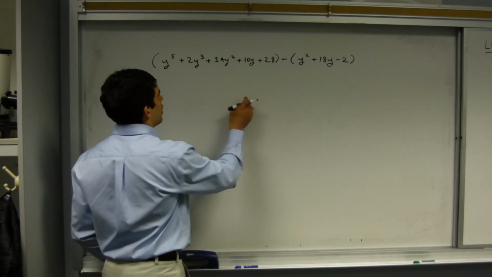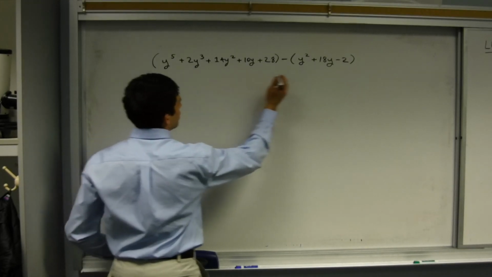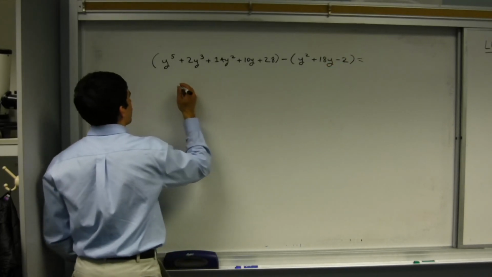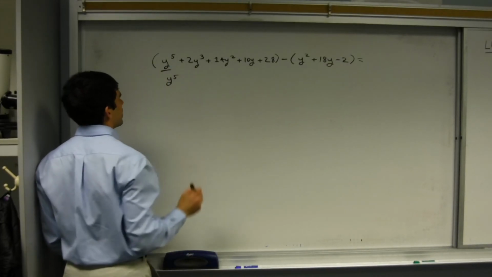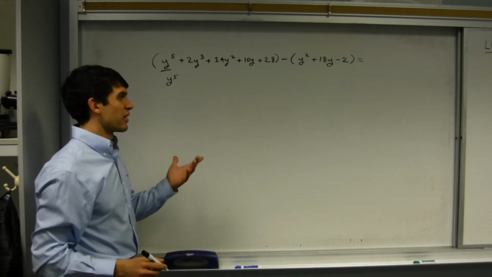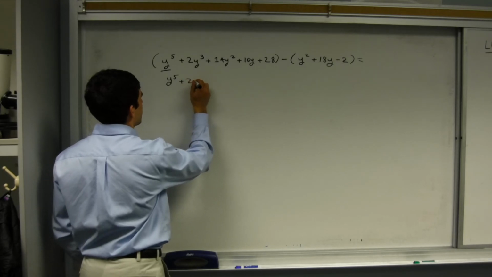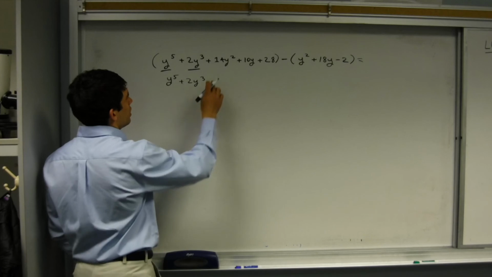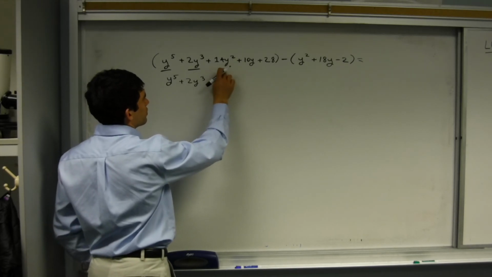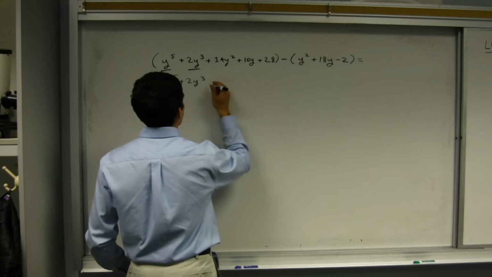So first, our y to the 5th term, we don't have any matching term over there, so we'll just get y to the 5th. I'll underline it this time to indicate that I already have dealt with it. Similarly, our 2y to the 3rd is just going to stay alone. Now we have 14y squared, and then we have minus 1y squared.